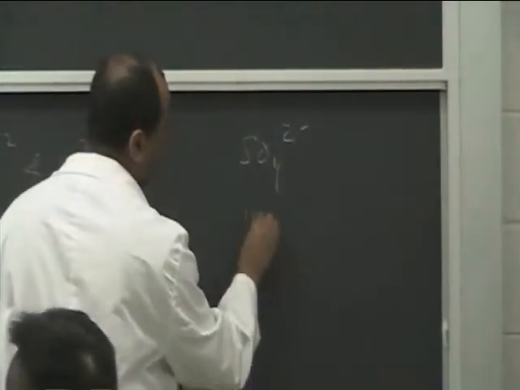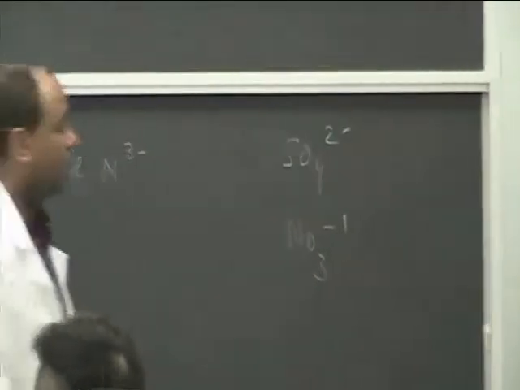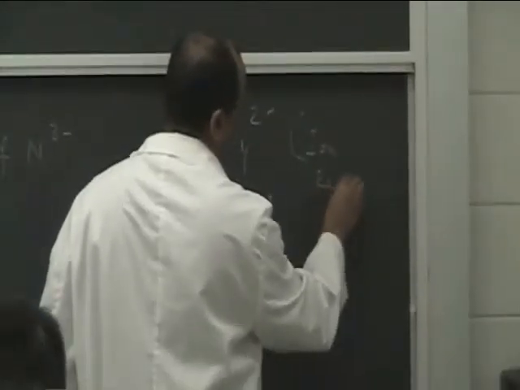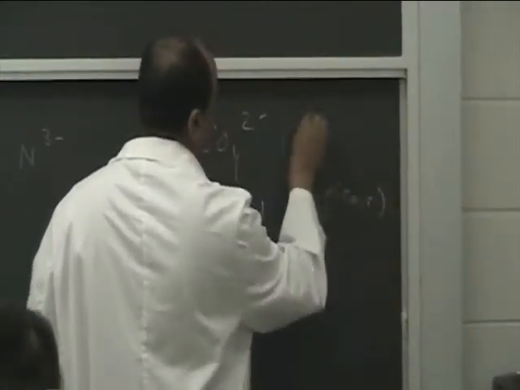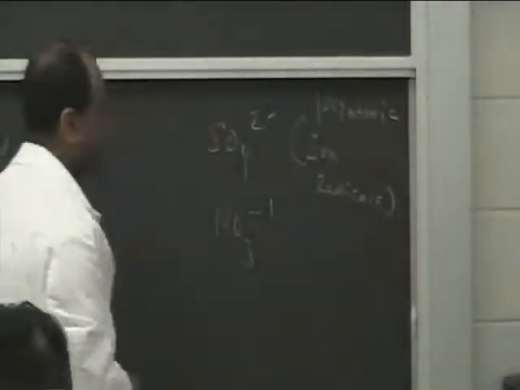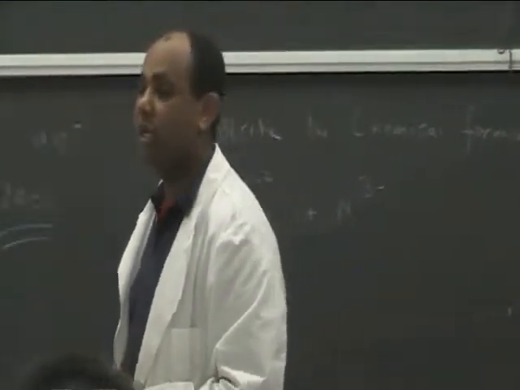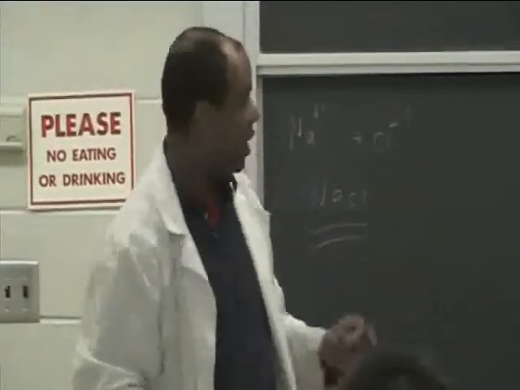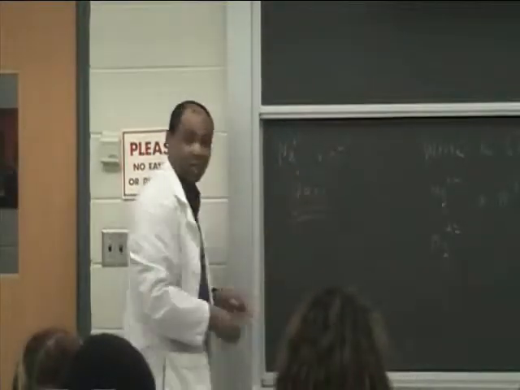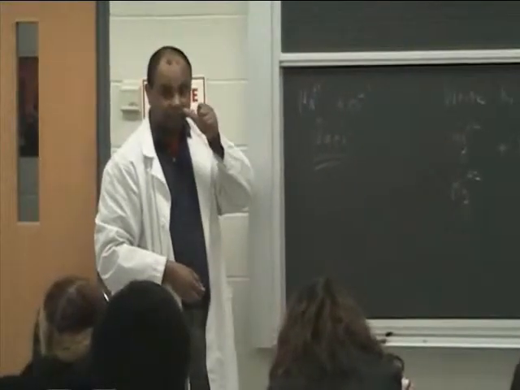Another ion is NO3 minus. It's not a compound. It's an ion, a radical. Well, actually, we call them polyatomic ions. But for a compound, the net ionic charge must be 0. Sodium chloride is a compound because the +1 and the -1 cancel out and you get 0. It's not a charged ion.